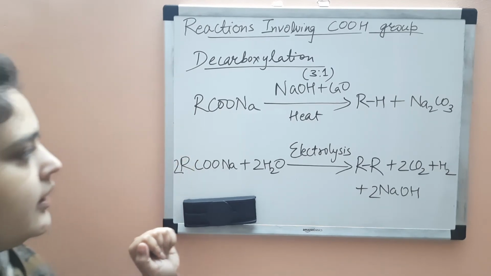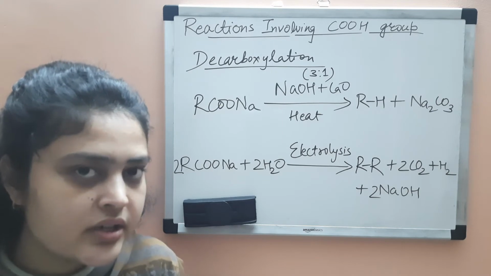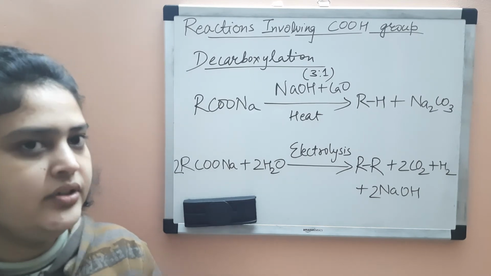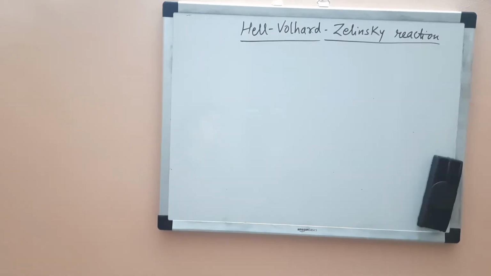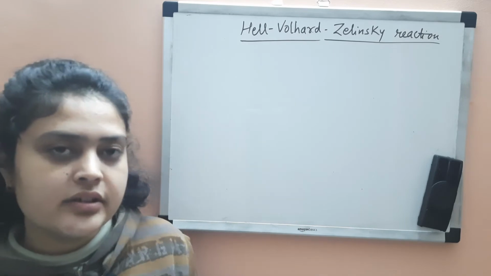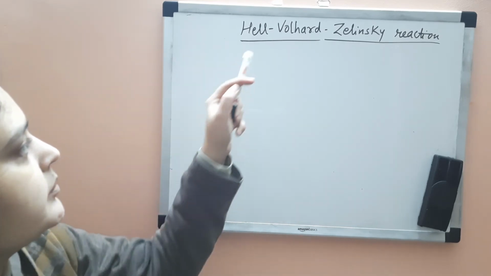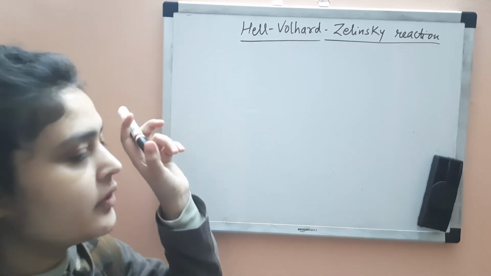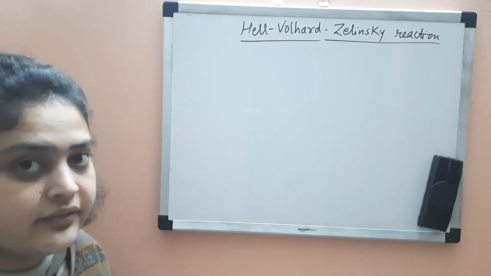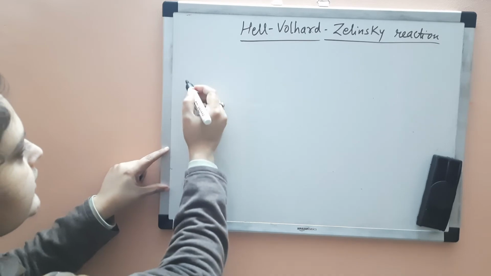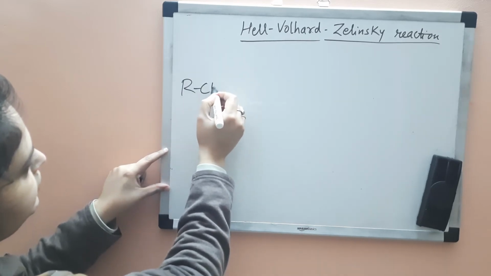Next reactions are halogenation reaction and other substitution reaction. So let us see that. So next reaction is substitution reaction, in which what happens that if you take carboxylic acid having alpha hydrogen atom. So let us take carboxylic acid having alpha hydrogen atom.